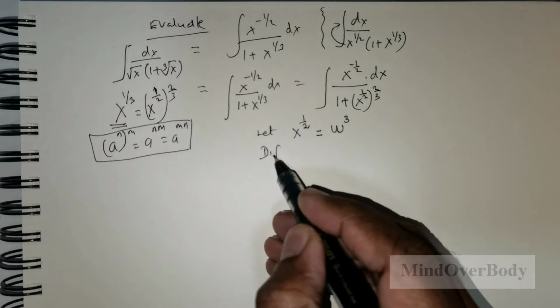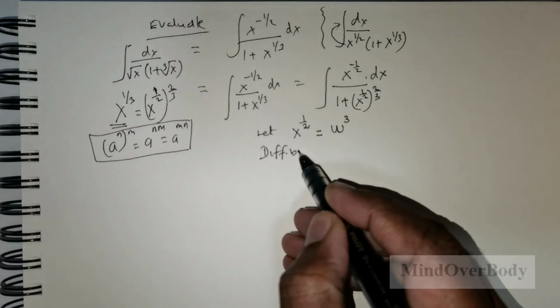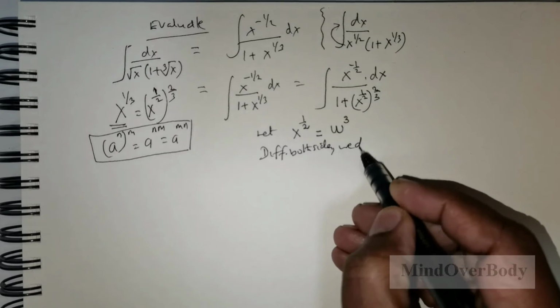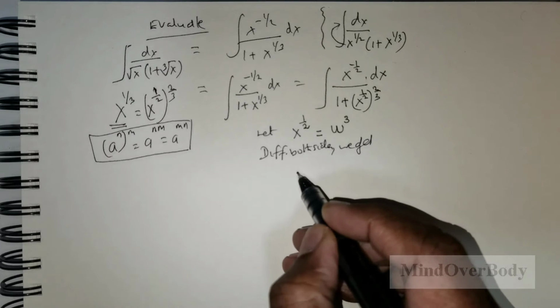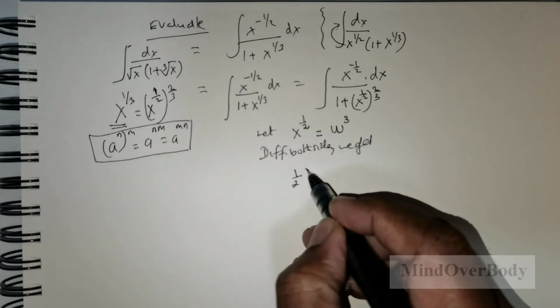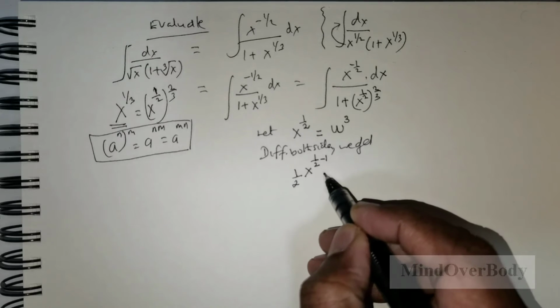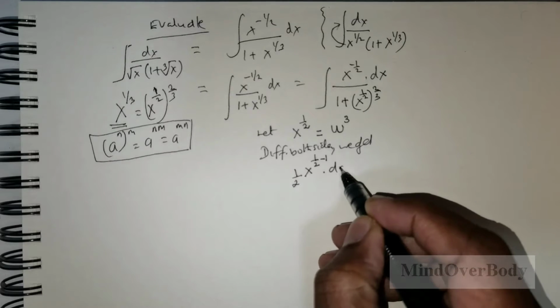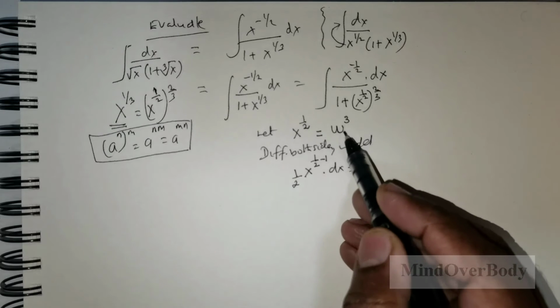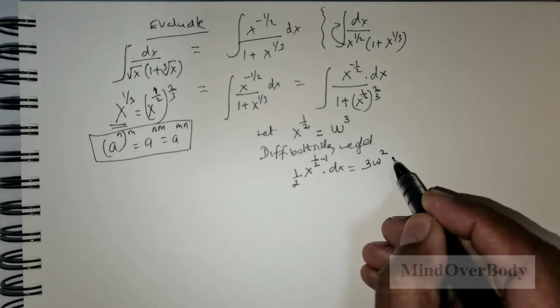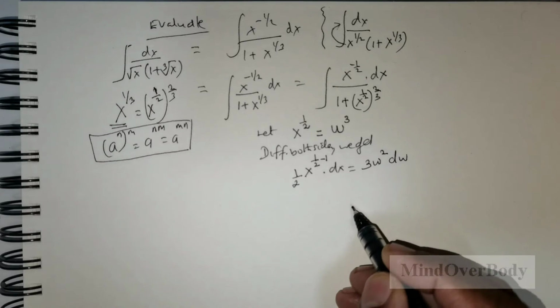Now differentiating both sides, we get, so what happens when you differentiate x power half? That's going to be 1/2 times x raised to the power 1/2 minus 1 times dx. Now differentiating w cubed would give me 3 times w squared times dw.